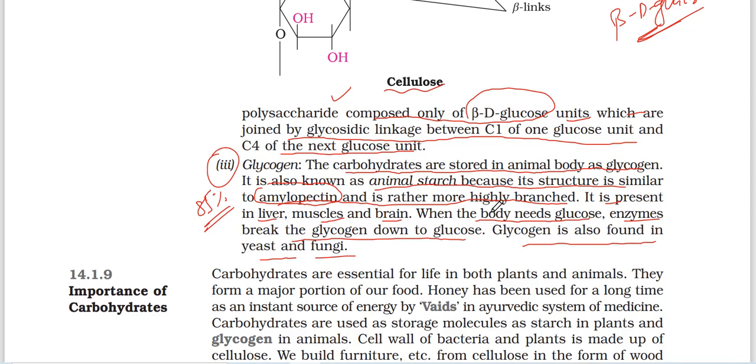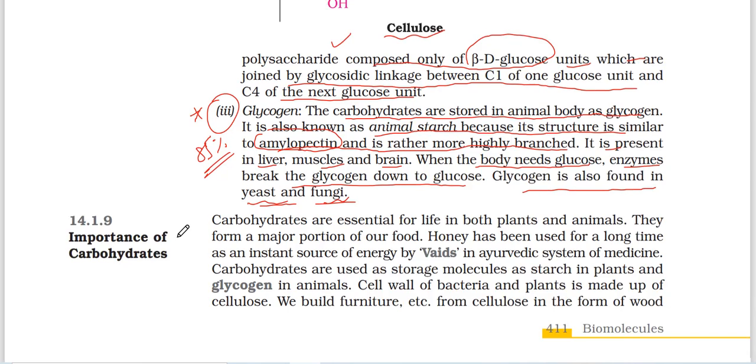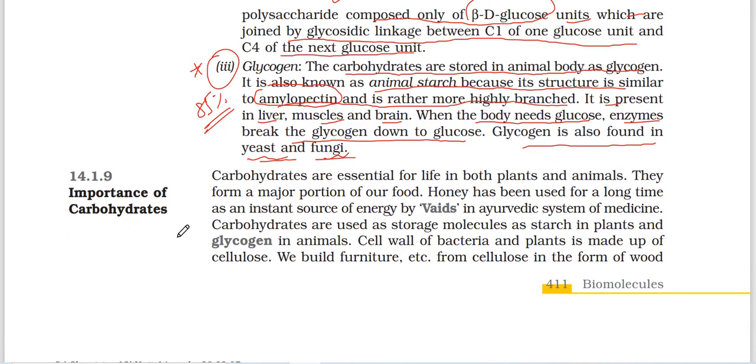So it is rather more highly branched. Okay? It is present in the liver, muscles and brain. It is also present in yeast and fungi. That is glycogen. It is stored in the animal's body. Whenever it is required, it is decomposed into glucose.